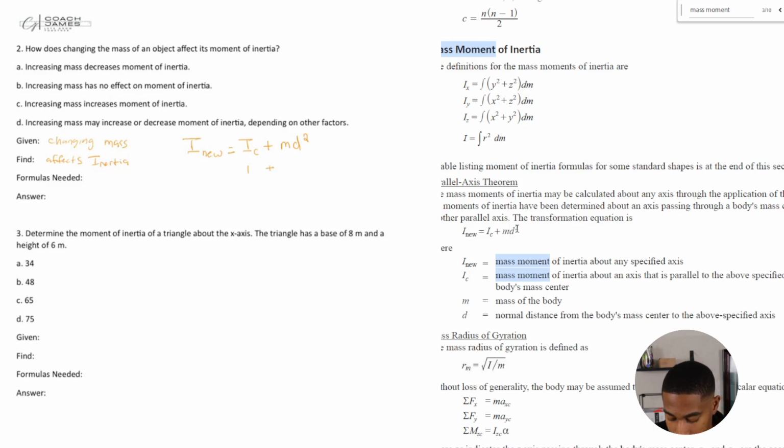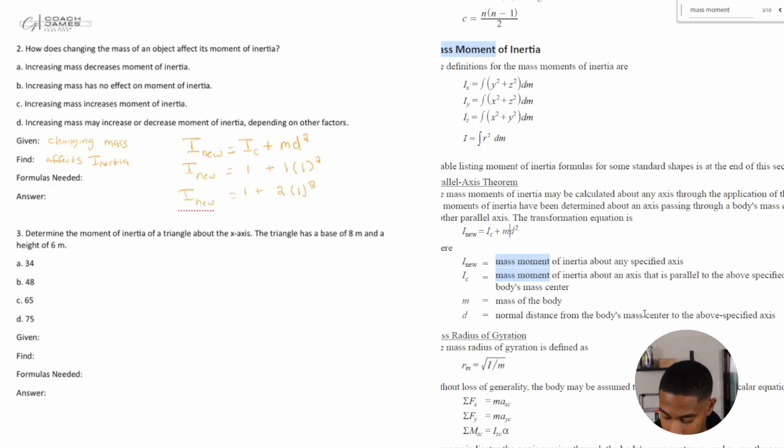Say my mass is 1 and D, the normal distance from the body's mass, is 1 as well, and that's squared. All right. So this is our initial condition to get I new. So if I increase the mass, so if I say 1 plus 2 times 1 squared, what happens to my new moment of inertia?